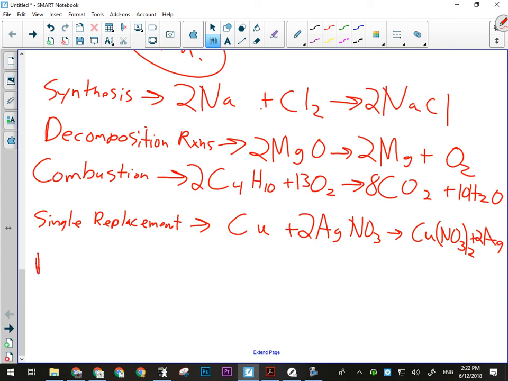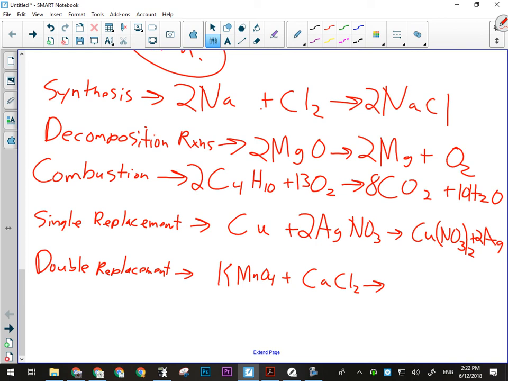Okay, and then we had, lastly, double replacement. So that's 2 ionic compounds. I have potassium permanganate, KMnO4, and it's reacting with calcium chloride, CaCl2.